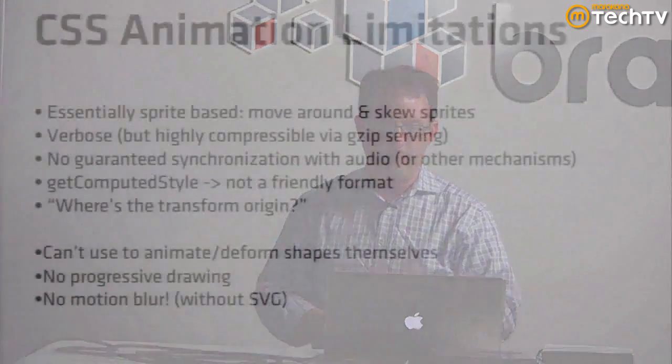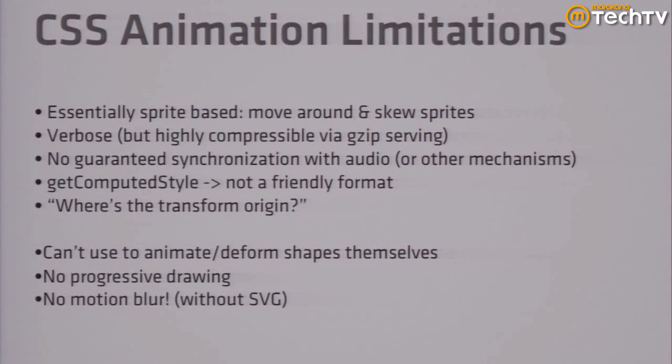There's no guaranteed synchronization with audio or other mechanisms, so you can trigger stuff off at the same time and just hope your timers work out. But you can't resync stuff. Get computed style, obviously not a friendly format. And personally, having done a bunch of these animations, where's the transform origin? Stuff is not working properly. Where is it? Why is it rotating in that weird way?